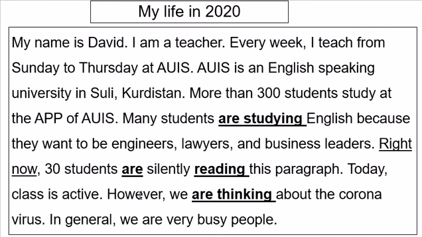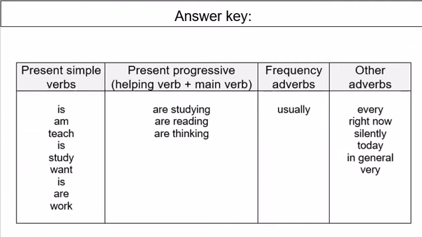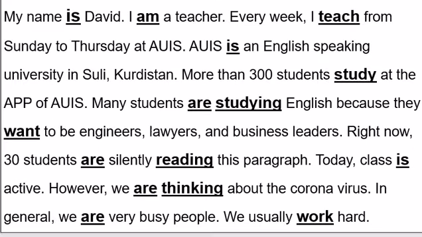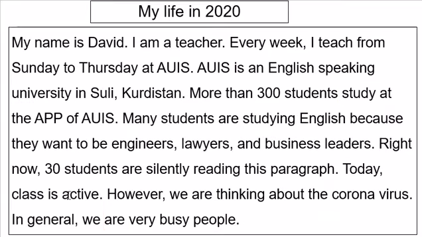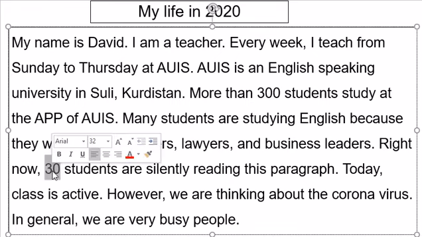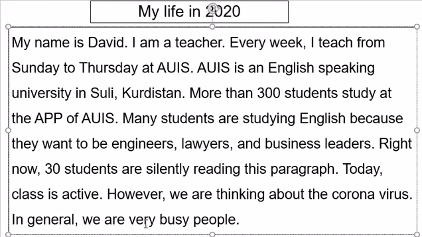So this week you learned the vocabulary in general, and in the paragraph it says, in general, we are very busy people. This means usually, or most of the students. We have 30 students, maybe 25 are very, very busy people. So in general means approximately, like we learned the word approximately.